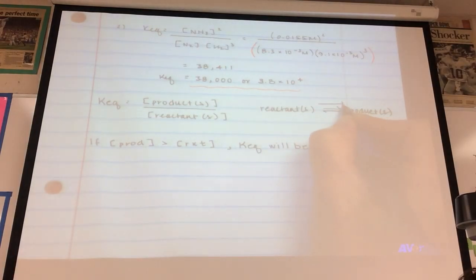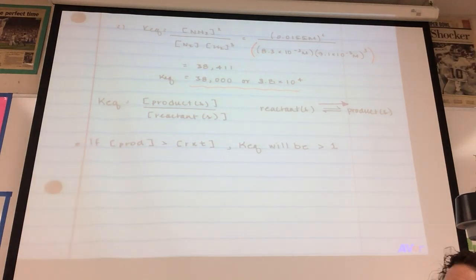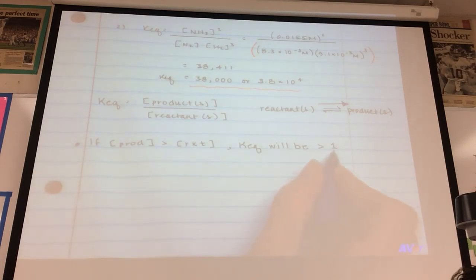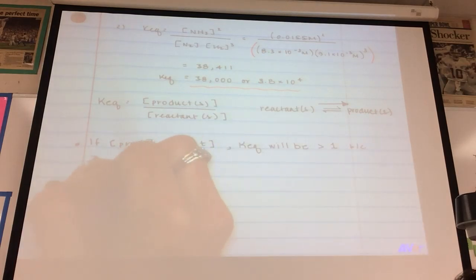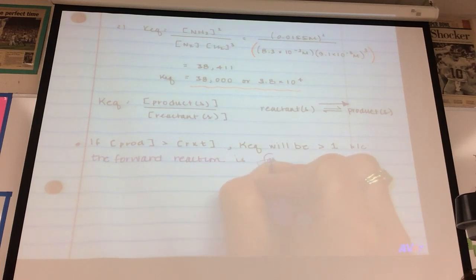So it indicates that the forward reaction is favored. So if product concentration is greater than reactant concentration, KEQ will be greater than 1 because the forward reaction is favored.